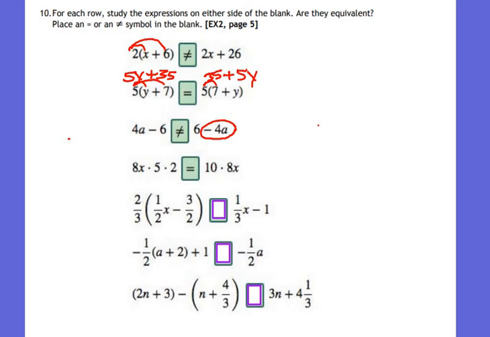So 2 over 6 is 1/3, so that matches. 2 times 3, 6. 3 times 2, 6 over 6, what is that? 1. Did they have the same symbols? Yes. So is it equal? It is equal, good.